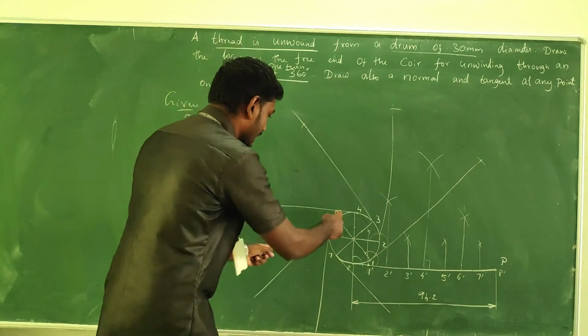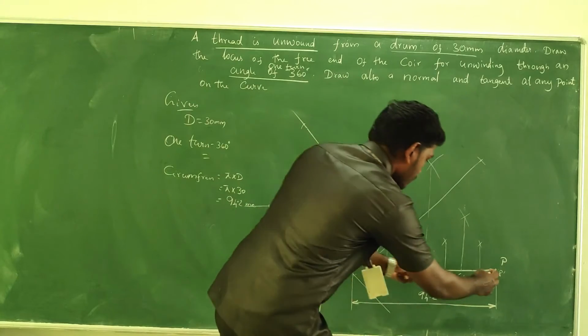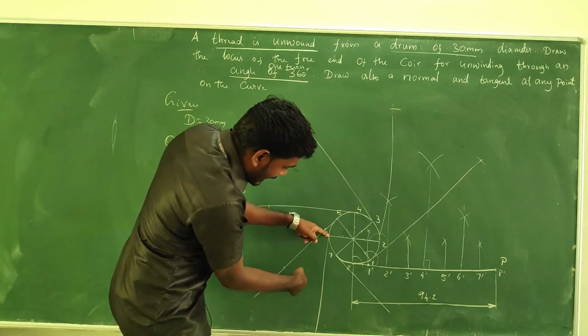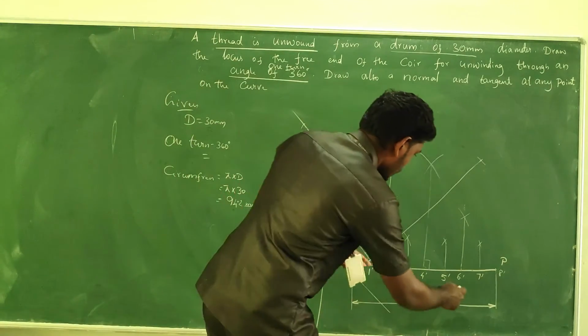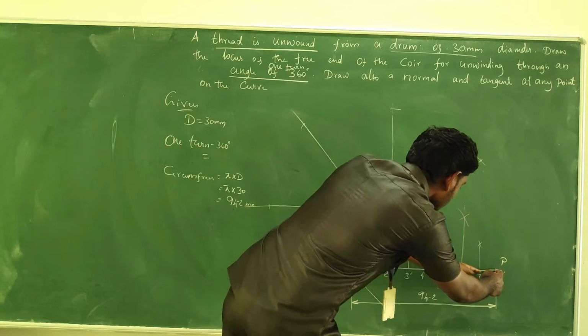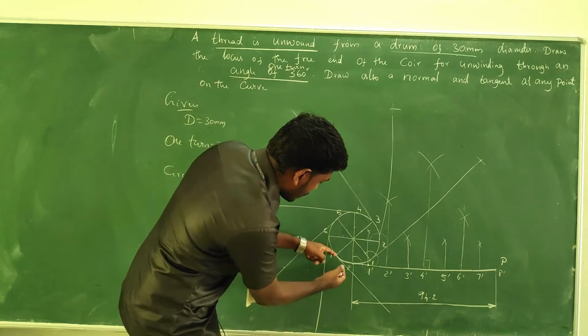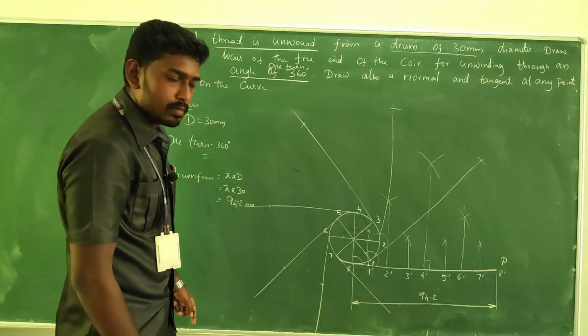Measure P to 5 dash, keep at 5 and make a cut mark. Then measure P to 6 dash, keep at 6 and make a cut mark in the 6th tangential line. Next measure P to 7, and here is the 7th line, so make a cut mark, here it gets, right?